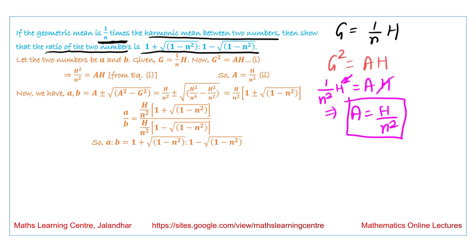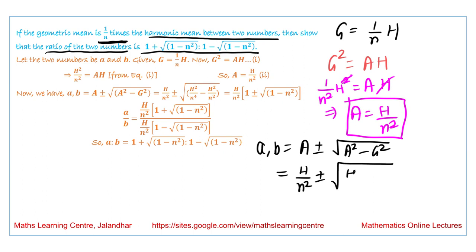Now we have to calculate the ratio of the two numbers. We know that the two numbers whose arithmetic and geometric means are given, a and b, are given by the formula A plus minus square root of A square minus G square. Now if we substitute the values over here, the value of A is h over n square, then it is plus minus square root of h square over n raised to the power 4 minus h square over n square.